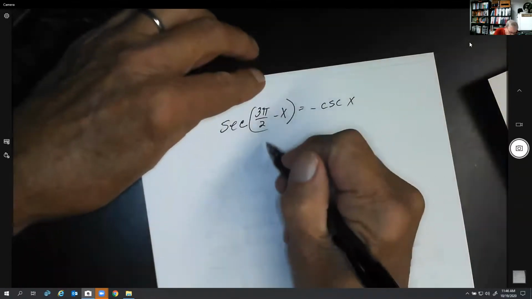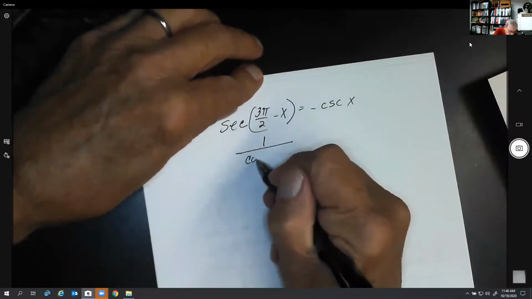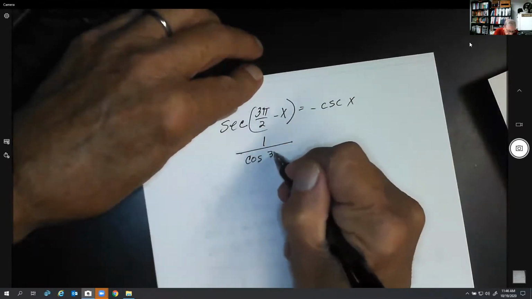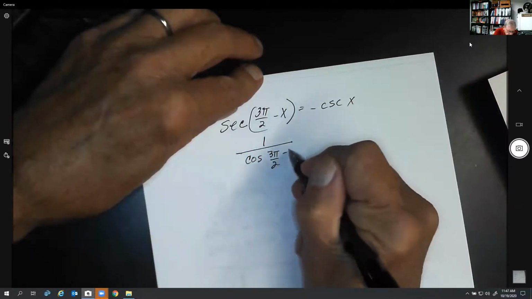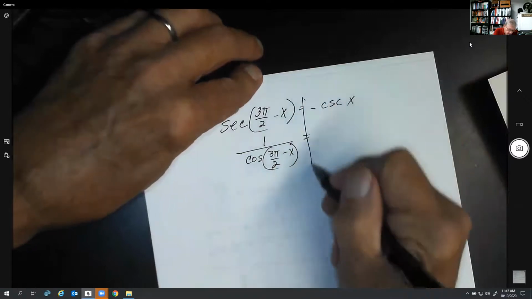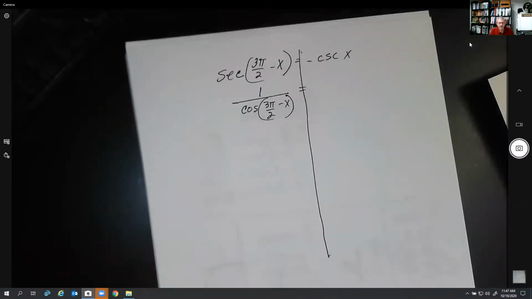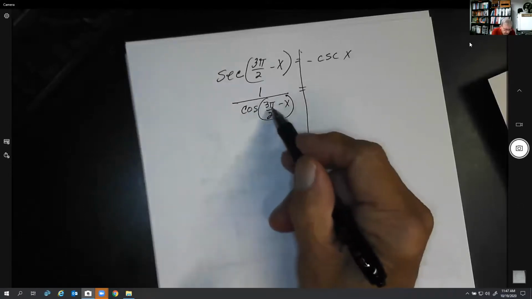So we're going to actually write this as 1 over the cosine of 3π/2 minus x equals, we just keep this coming down. We're proving an identity. Then what I'm going to do is expand this out. Remember, you can't just distribute.